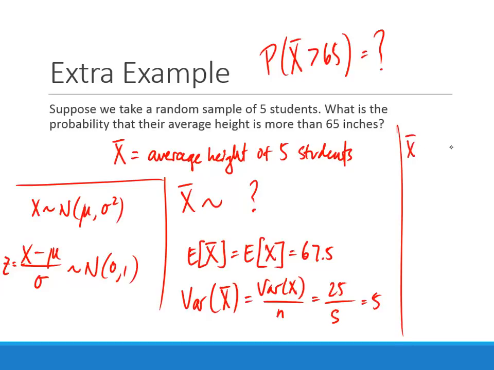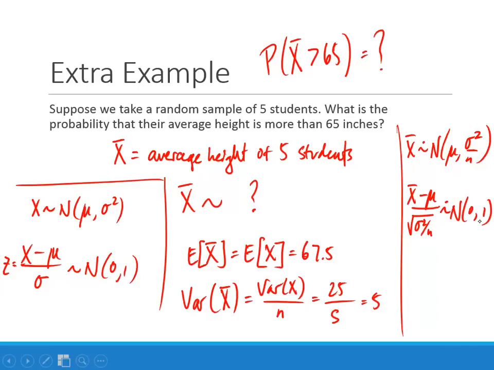So then when x bar has approximately a normal distribution with mean mu and variance sigma squared over n, x bar minus mu divided by the square root of its variance is approximately distributed as a normal 0, 1. Same formula, just my standard deviation is different on the other side. That's a great question. Does that make sense? Okay.